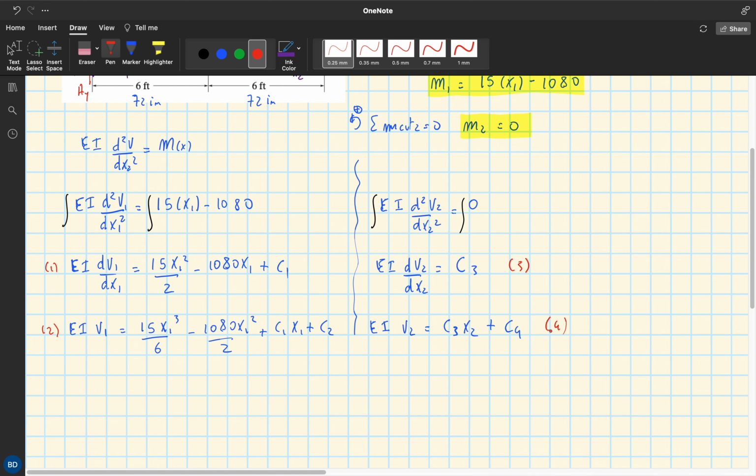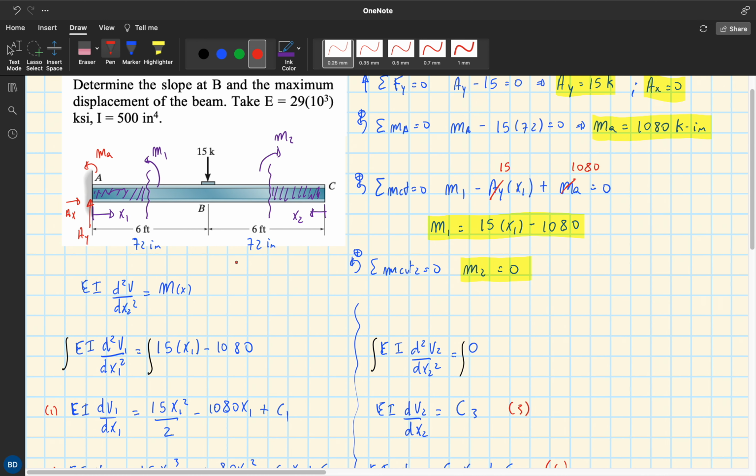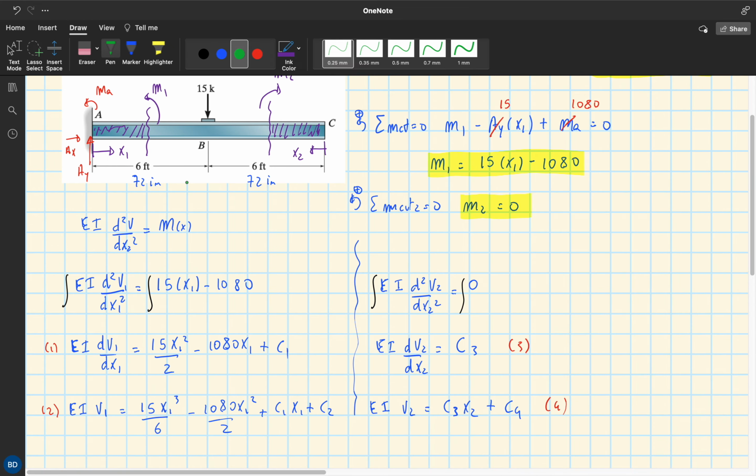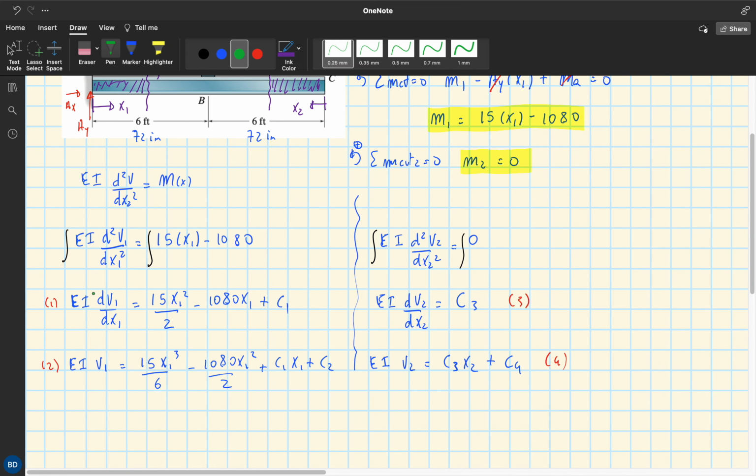And now we need to find boundary conditions to solve this problem. The first one that's pretty clear to see is that at the fixed support, the displacement and the rotation are going to be 0. For those of you who don't remember, this dv1 over dx1 means rotation, which we also call theta.